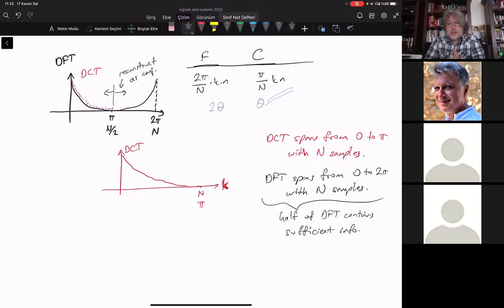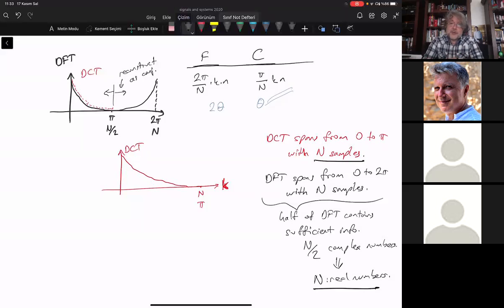So if you're using DFT for compression, you can use half of it in complex numbers, and half of it will contain n over 2 complex numbers, and n over 2 complex numbers would correspond to n real numbers. Just like n real numbers in DCT, now you have n real numbers in DFT as well.